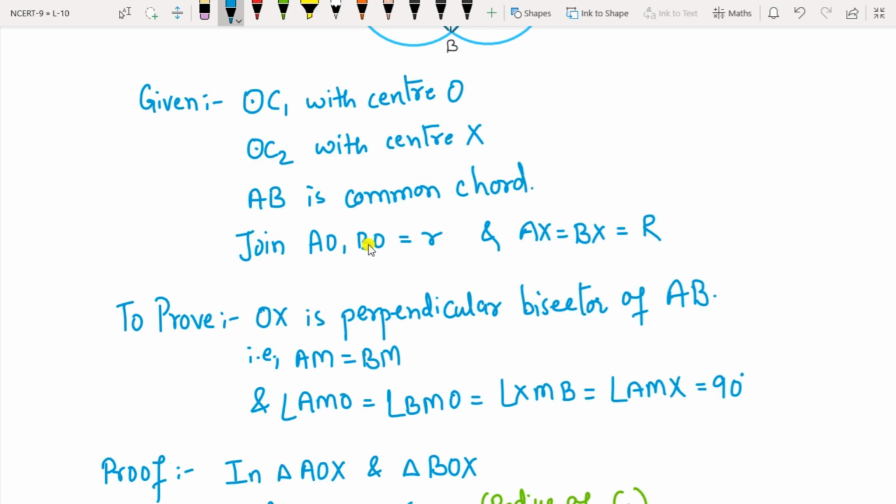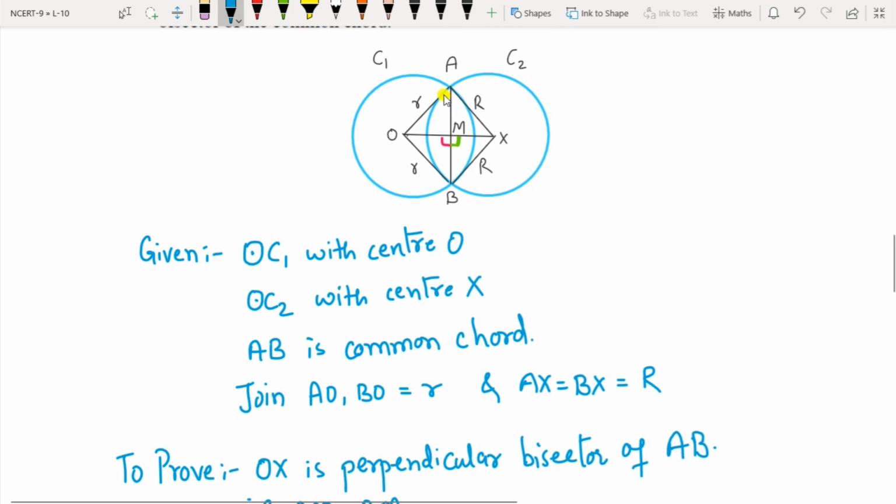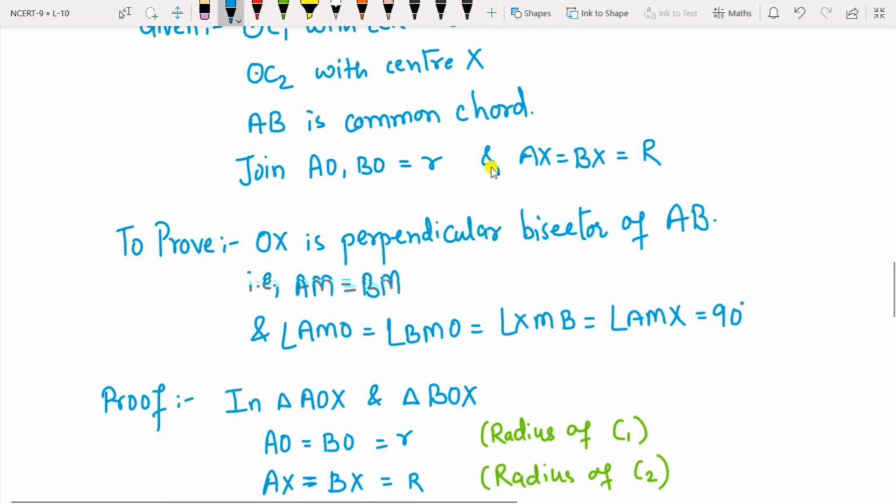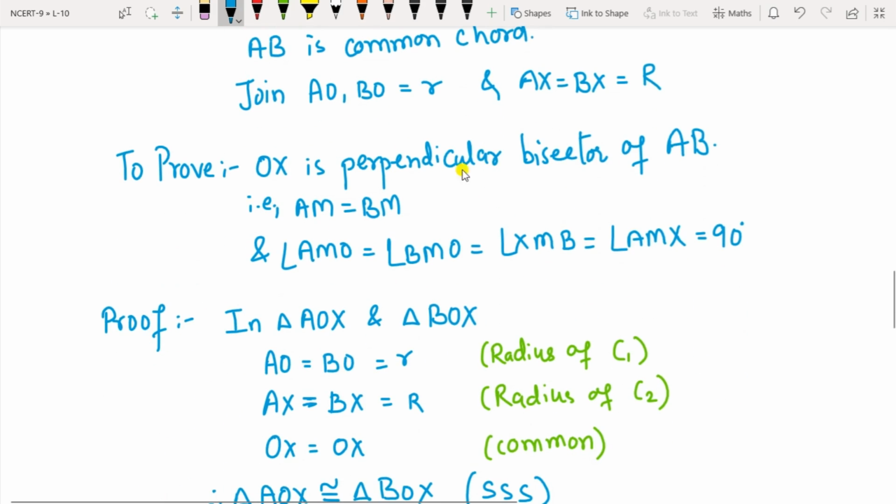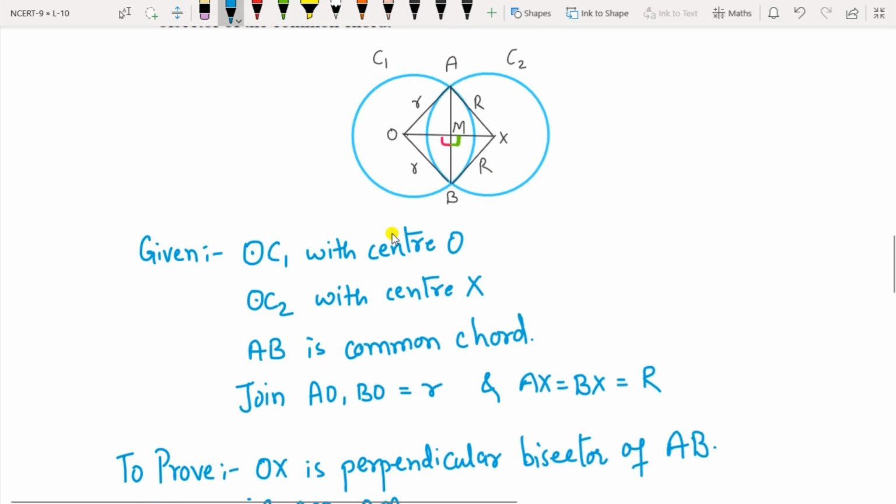Join all these radii OA, OB, AX and BX, where AO and BO are equal to, let us take, small r, and AX and BX, let us take as capital R. You have to prove that OX is the perpendicular bisector of AB, that is AM equal to BM.